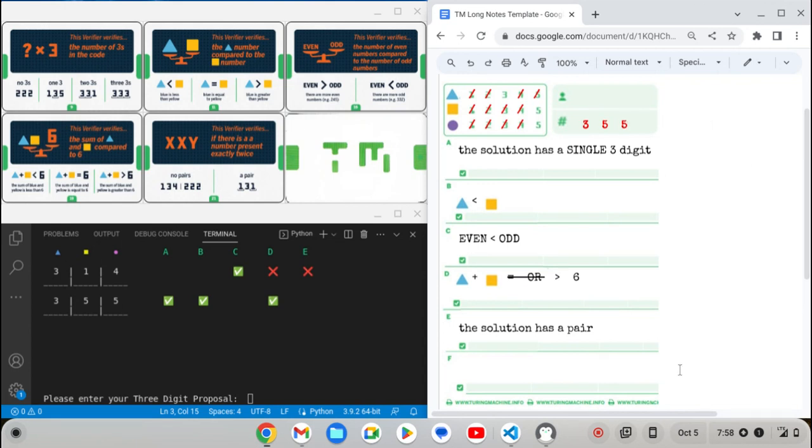Okay, so let's do a quick review. The solution has a single 3, sure does. The first digit is smaller than the second, it is. There are more odds than evens, yeah, they're all odd. The sum of the first two do add up to something greater than 6, yeah, and you do have a pair. It looks like a winner.